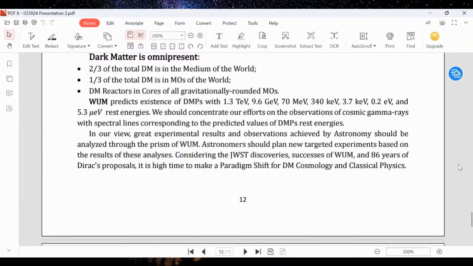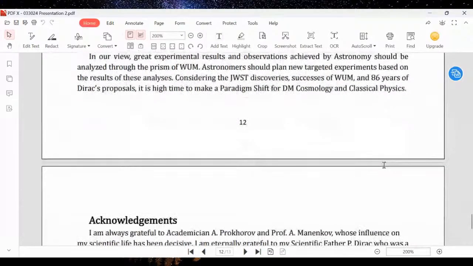Astronomers should plan new targeted experiments based on the results of this analysis. Considering the JWST discoveries, successes of Wurm, and 86 years of Dirac's proposals, it is high time to make a paradigm shift for dark matter cosmology and classical physics.